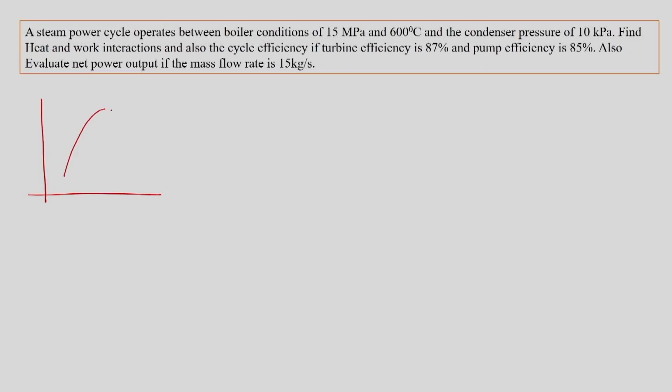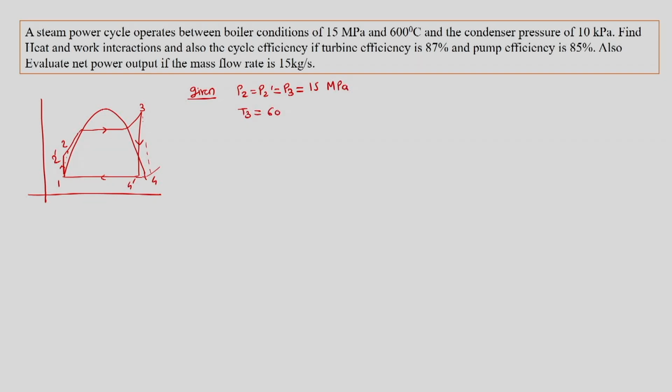So we will start. As in earlier case, we will make this as 3, this as 4 dash, 4, 1, 2 dash and 2. So this is our cycle. Having said this, given things are P2 is equal to P2 dash is equal to P3 is equal to 15 megapascal.